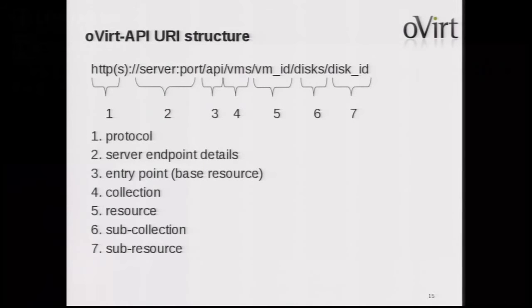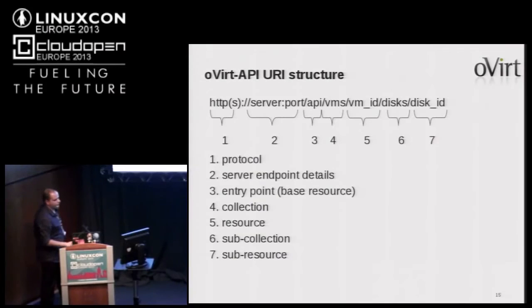And when we're looking at the structure of a generic REST, and specifically in our environment, you have the protocol you're using, whether it's HTTP or HTTPS, the server and the port, basically the endpoint you're using, the API, which is the entry point for all the REST API. And then afterwards, you have a collection. In this example, it's the VMs collection. Then a resource inside this collection, and a sub-collection.